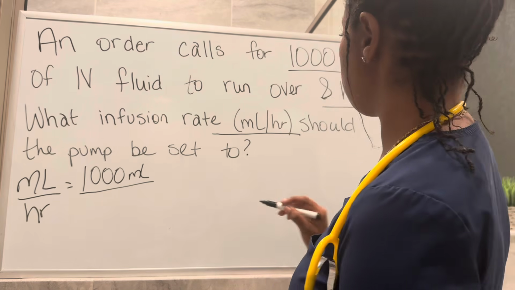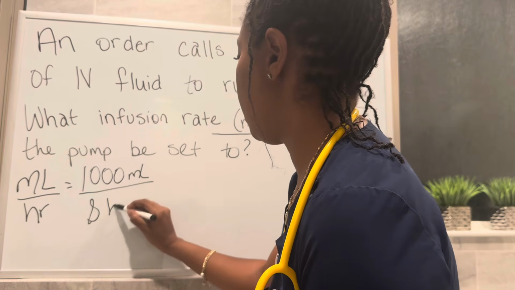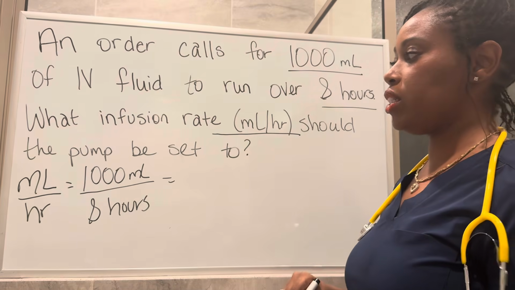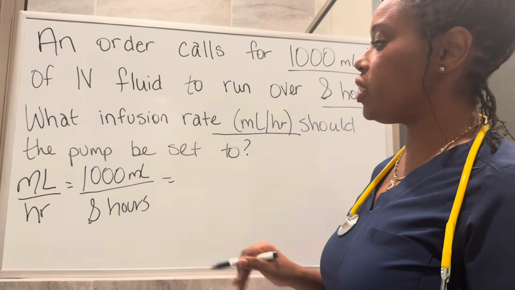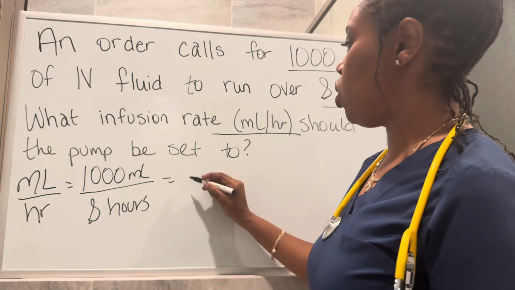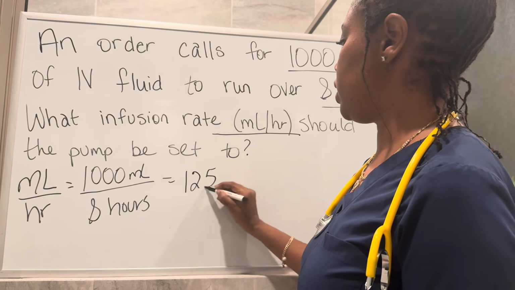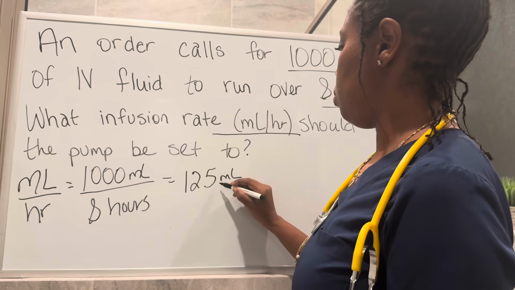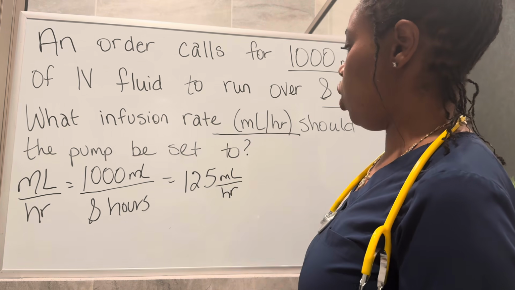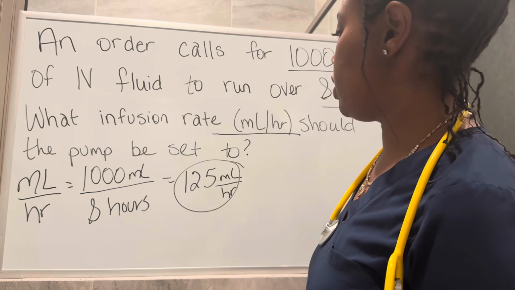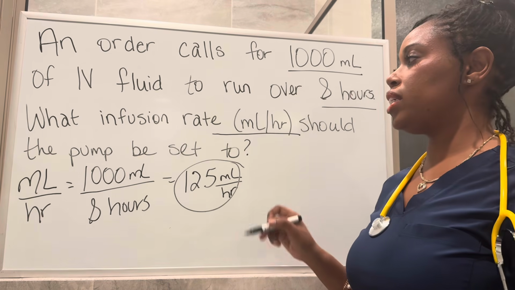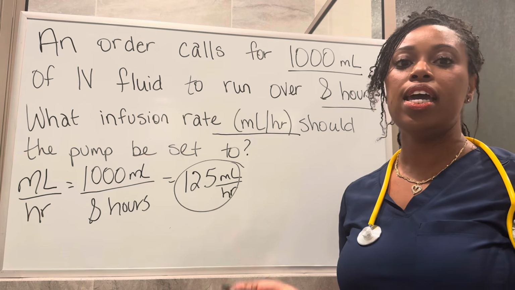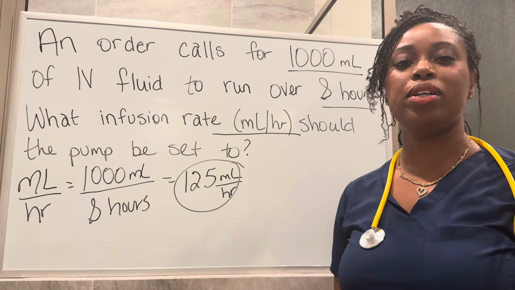So if we let this run over 8 hours, we can go ahead and solve for our equation. 1,000 milliliters divided by 8 gives us 125 milliliters per hour, okay? And there's our answer. So when we set this pump, we know that this patient is going to get the exact medication at the exact rate that the doctor prescribed it.